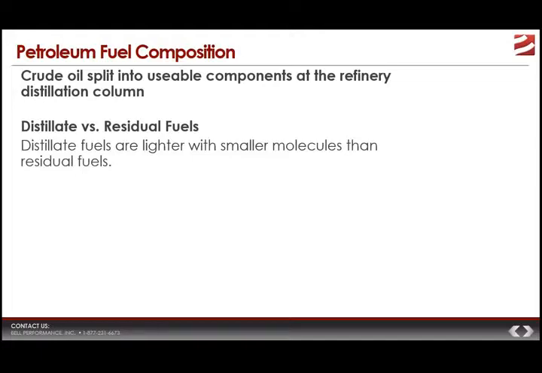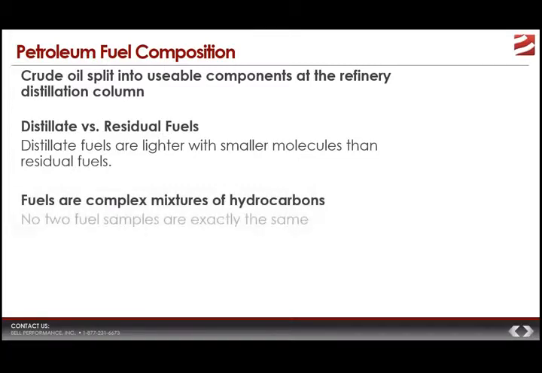And the stuff at the bottom, the heavier fuel oils, are called residual fuels. A big difference between distillate and residual fuels is that distillate fuels have smaller molecules than residual fuels have.